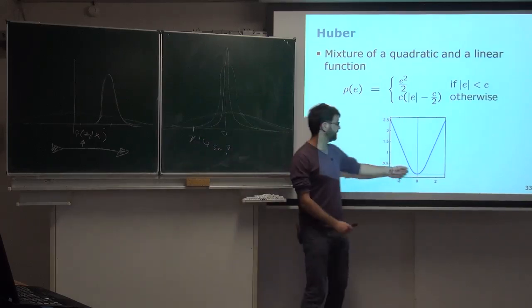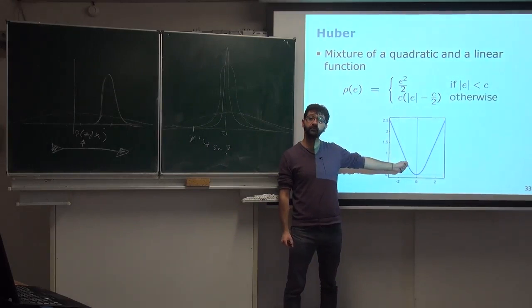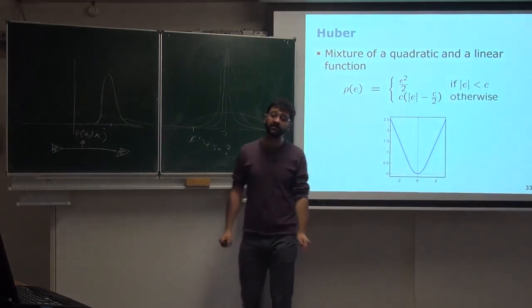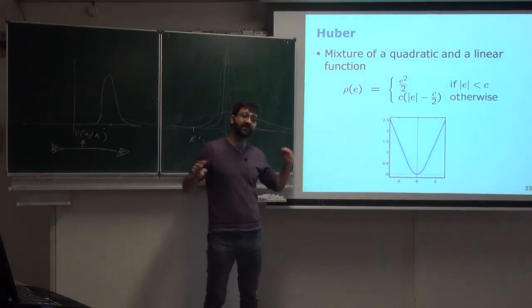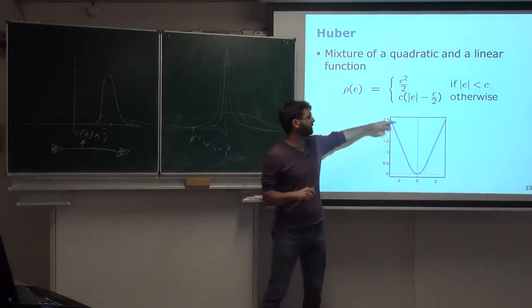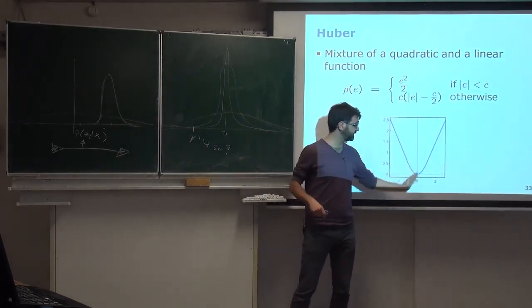There's also a particular thing about this one: it's a convex error function, and it's one of the more robust convex error functions. L1 is a counterpart where you also have the linear part in there.